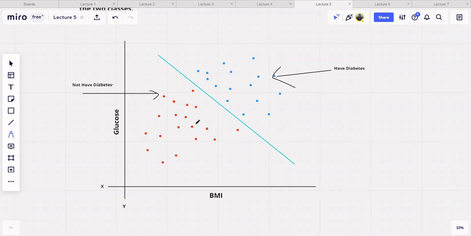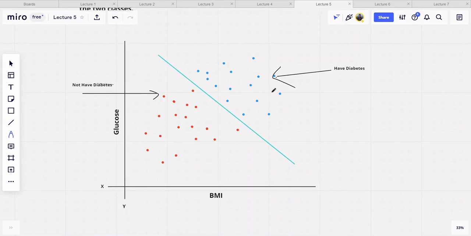Basically, if any data point belongs below this line, then that particular patient will not have diabetes. And if the patient's values belong above this line, then that person will have diabetes.